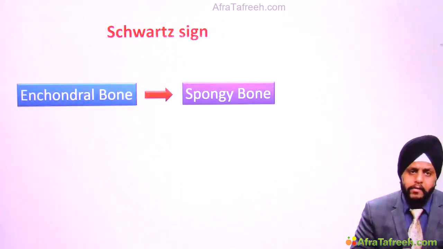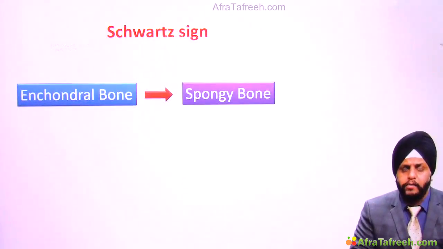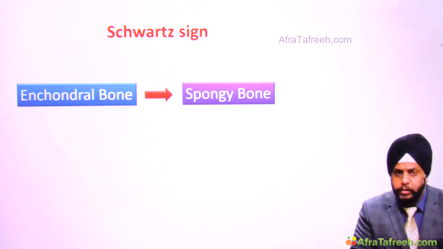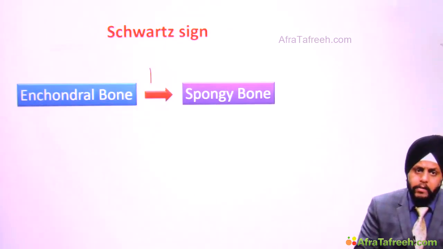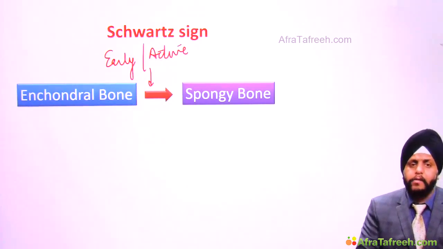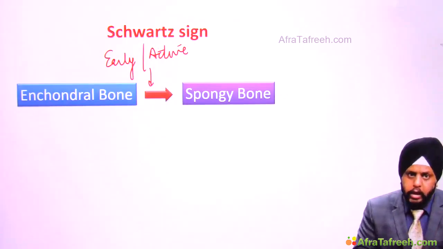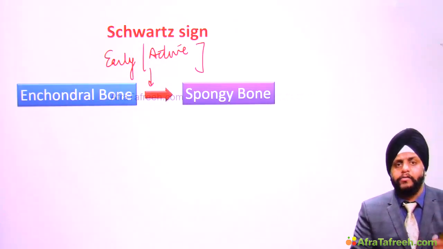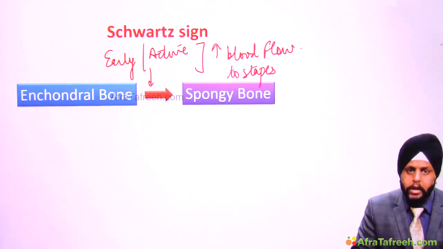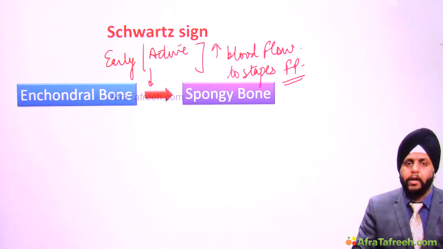Okay, now why is this Schwartze sign seen? You see, this Schwartze sign is seen when the enchondral bone is changing to spongy bone. Okay, so that means this is seen in the early or the active phase of disease when this change is happening. So what happens at this time? There is increased blood flow, increased vascularity to the stapes foot plate or the area around the stapes foot plate where the otosclerotic focus is present.